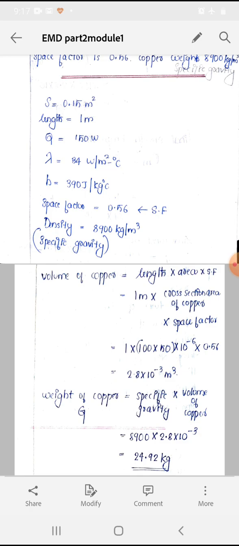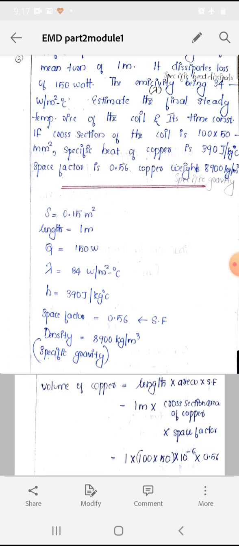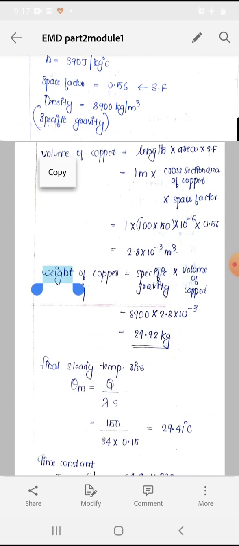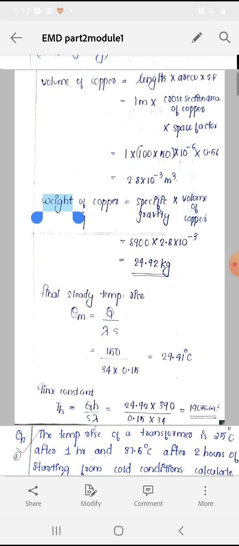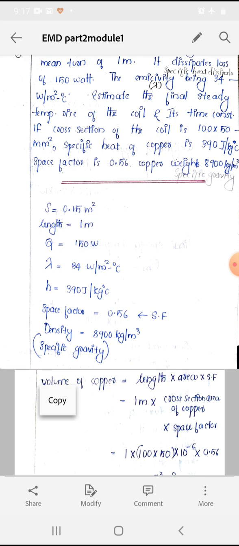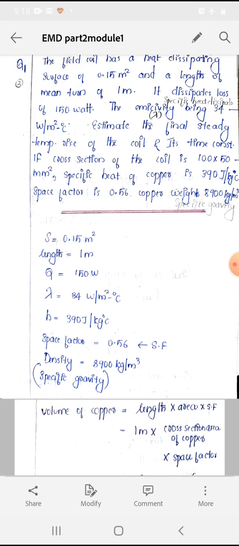Now we can substitute this to find the weight of copper. G is equal to specific gravity into volume of copper. Specific gravity is given as 8900 kilogram per meter cube in the question. When we substitute it, we get 24.92 kilogram. So now we have the weight of the copper, G, and H. H is the specific heat and it is given in the question as 390 joules per kilogram degree Celsius.